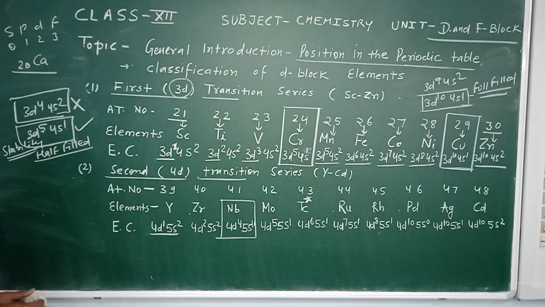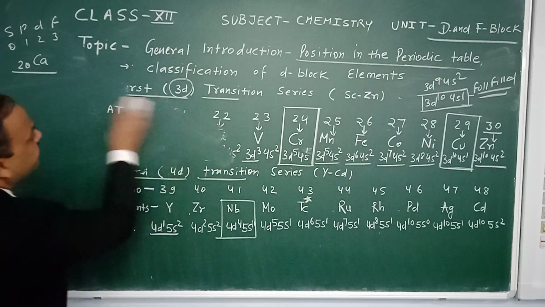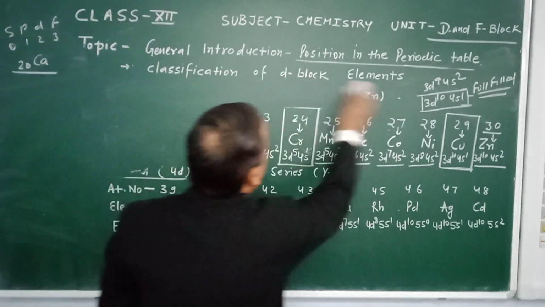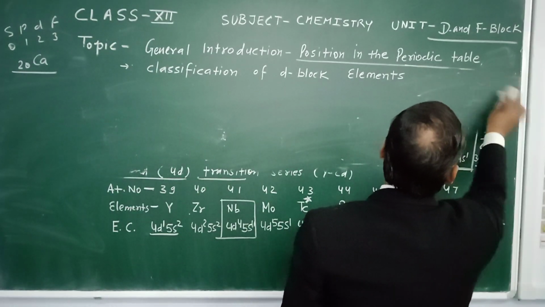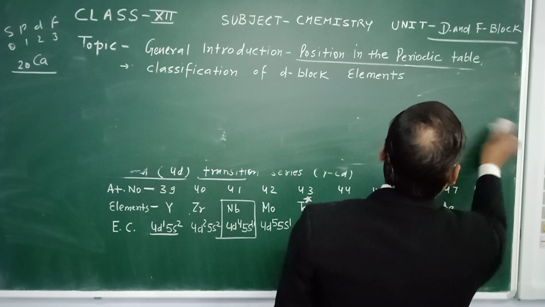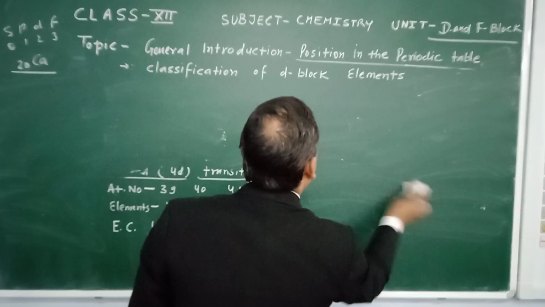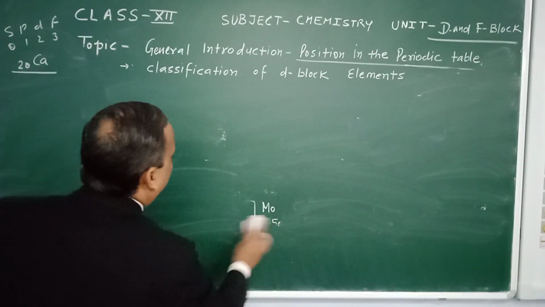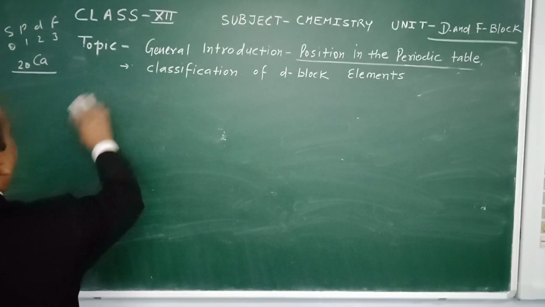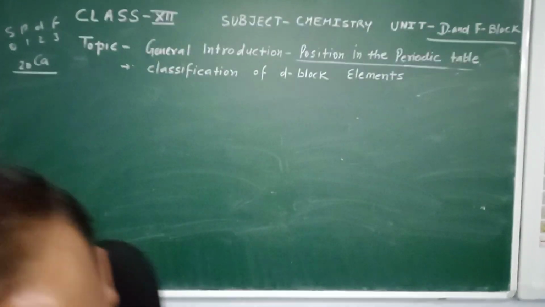Now after this 4d series, we have the next series of elements, which is the 5d series of elements. In this 5d series, we have filling of electrons in the 5d subshell. So how are the elements arranged in this 5d series?